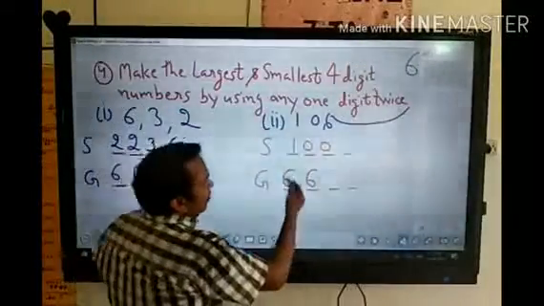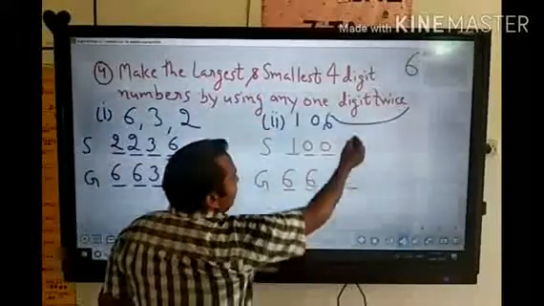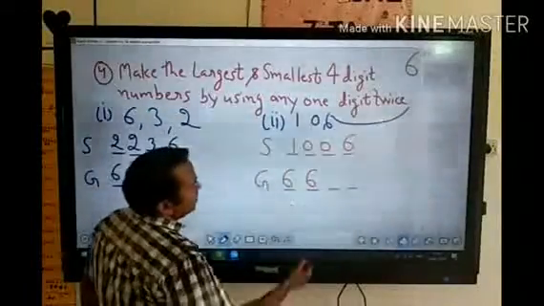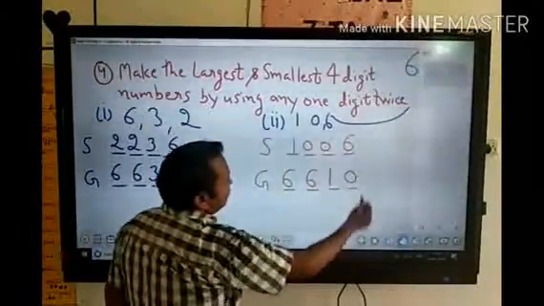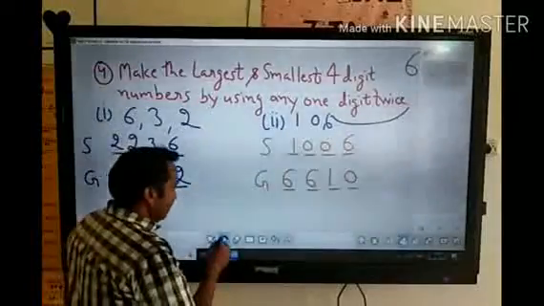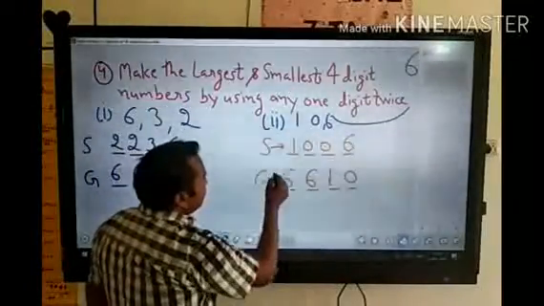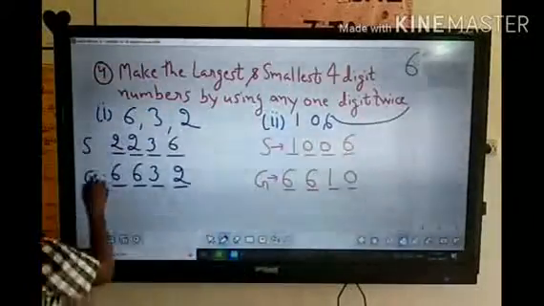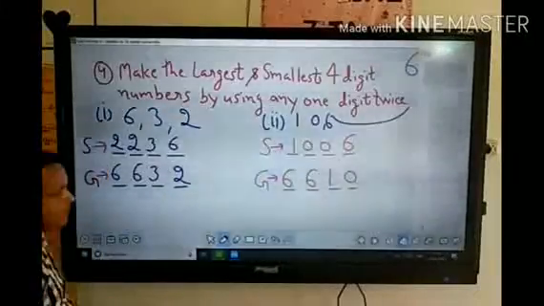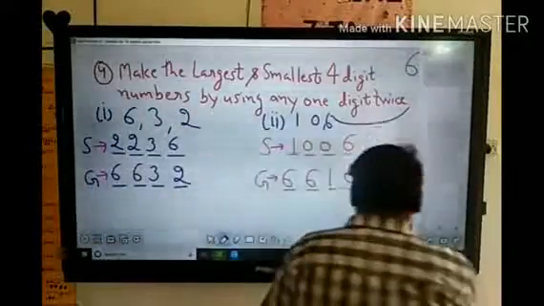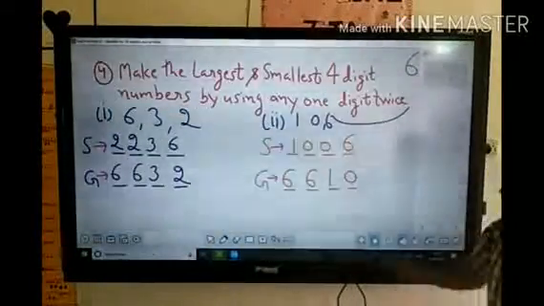So, what are the options left? Here we have to fill the 6 and here we have to fill 1 and 0. So, in this way, we can find the smallest and the greatest number as per the given conditions. You can see.